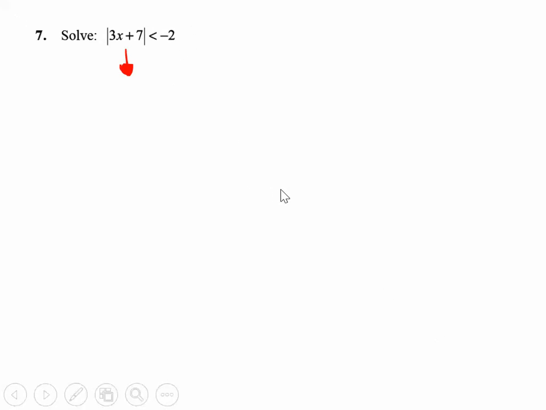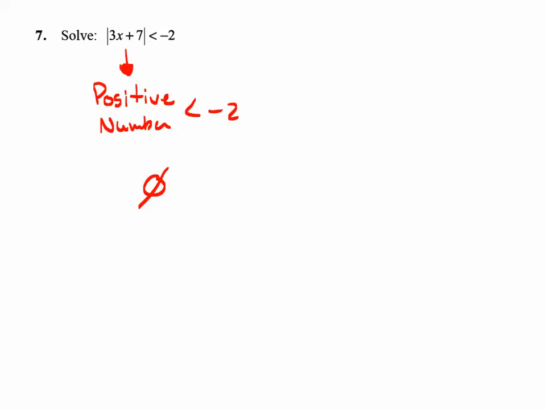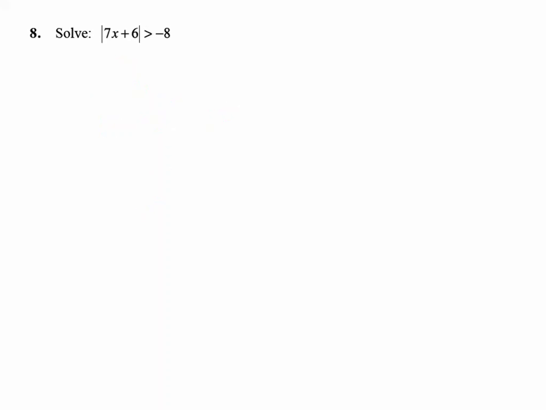Since this is always going to be a positive number, the question really is, is this always true or never true? Positive number being less than -2? I don't think so. No way. So 0 with a slash through it. Think about it before you do it because of that -8.